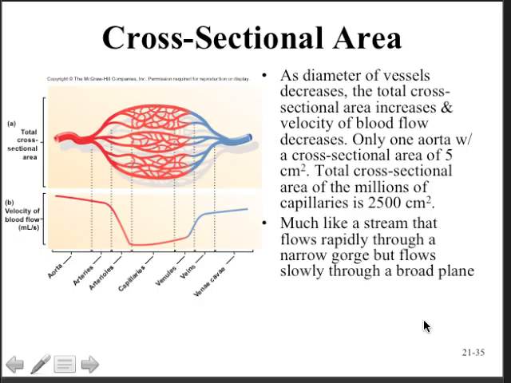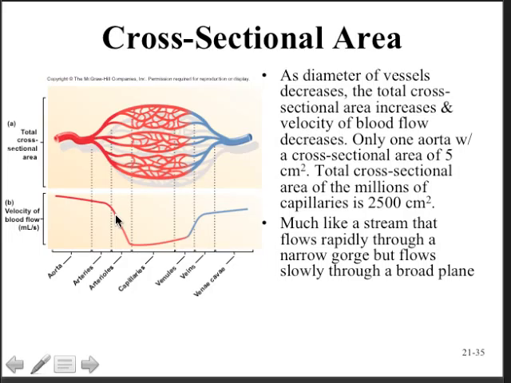So just like a stream that flows real quick through a narrow gorge but flows slowly through a broad plain, you can see the change in velocity as we head away from the heart. So velocity is relatively high here. Then as we increase the cross-sectional area, the velocity begins to drop for a couple of reasons.